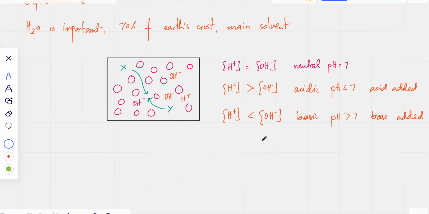So this pH is extremely important because all reactions are going to depend on that. Any reaction that's taking place on planet Earth depends on this. If you change the pH, the reactions are going to get affected. If you change the environment around X and Y, they might not react if the environment is too acidic, or they might prefer basic conditions.